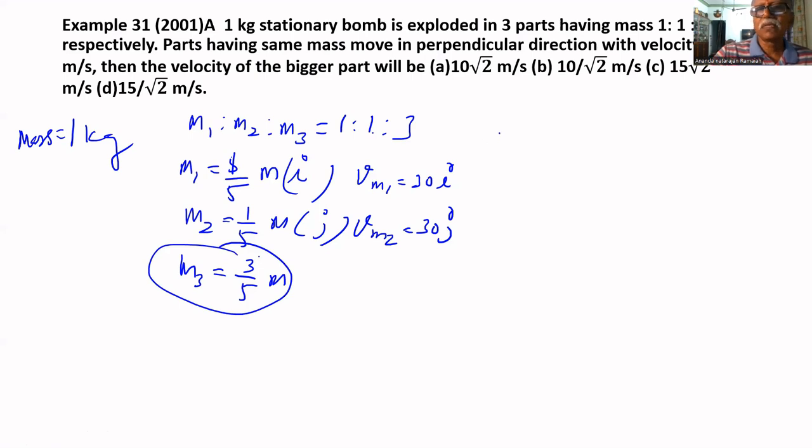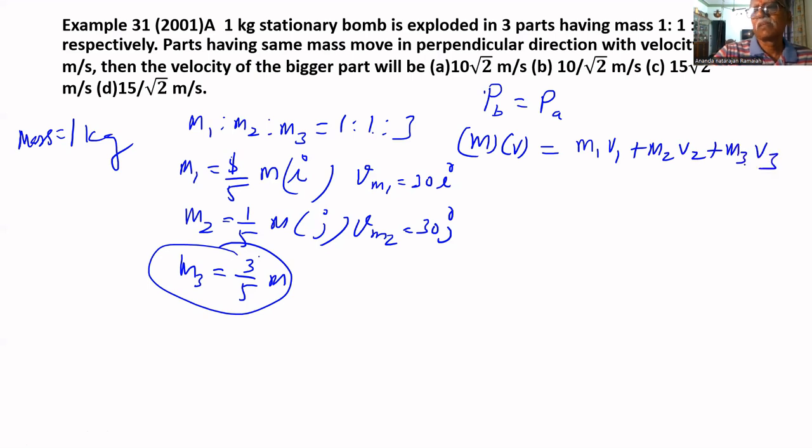We know that momentum before equal to momentum after. Momentum before is mass into velocity. That is equal to M1 V1 plus M2 V2 plus M3 V3. Stationary bomb, it is given, therefore V equal to 0.